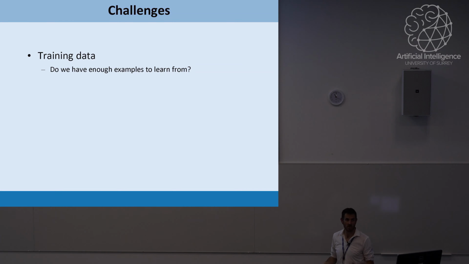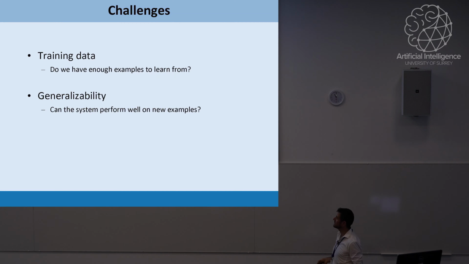So we're going to be covering quite a few of those, especially in the world of medical imaging. But they're all quite generic. Obviously, training data is obvious. Getting access to large amounts of training data is a tough one. Making sure that the system is generalizable, making sure it can perform well on new examples, but also that it can perform well on different examples within your test sets.